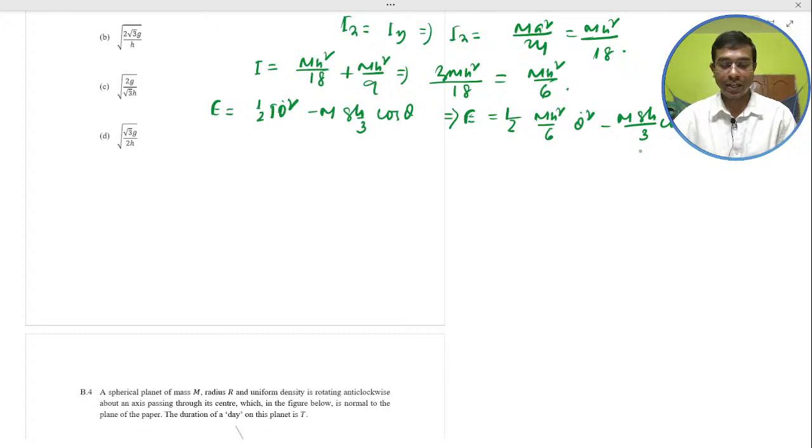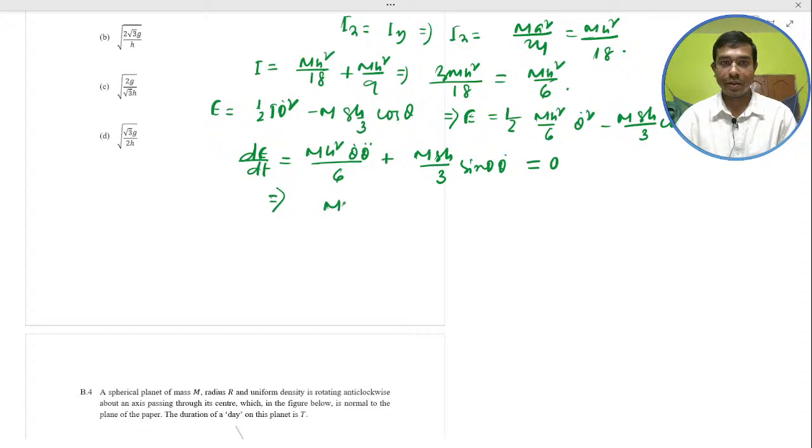Total energy of the system is conserved. That means dE/dt equals m a square theta double dot divided by 6 plus mgh by 3 sin theta theta dot, which is equal to 0.